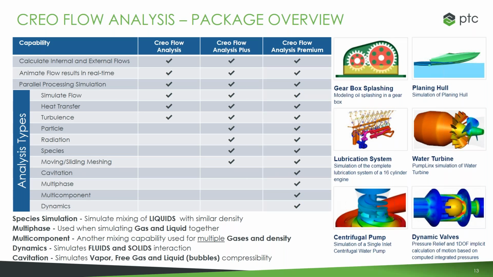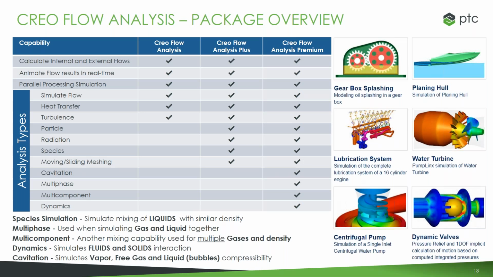And one last thing to point out is that we did partner with a company called Cimerix to create this solution. So we took some of their tools' functionality and embedded that into Creo. If you're interested in seeing more, the images on the right with the gears and the planing hulls are all from Cimerix.